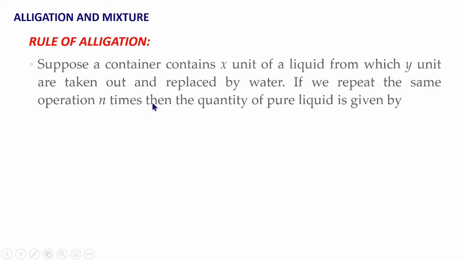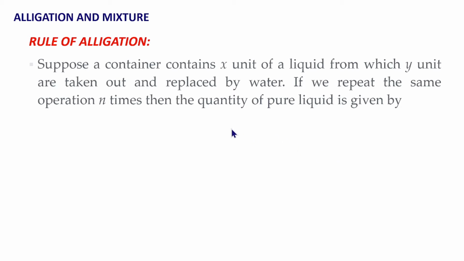Now continuing with the rule of alligation, suppose a container contains X units of a liquid from which Y units are taken out and replaced by water. If we repeat the same operation n times. There are situations where milk has to be diluted with water or sugar syrup has to be diluted with water.